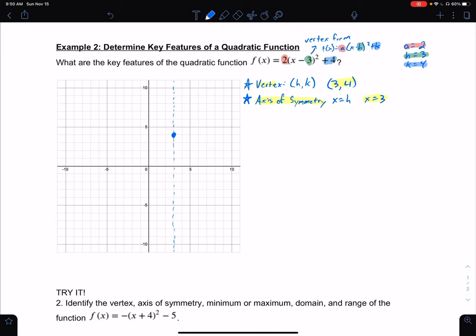Now, before we go on to the next key features, which are minimums, maximums, domain, and range, sometimes it is helpful for us to have the rest of our parabola drawn. And to do that, I need some other points. To find those other points, what's usually done is that you need a point either on the left side or the right side of your axis of symmetry.